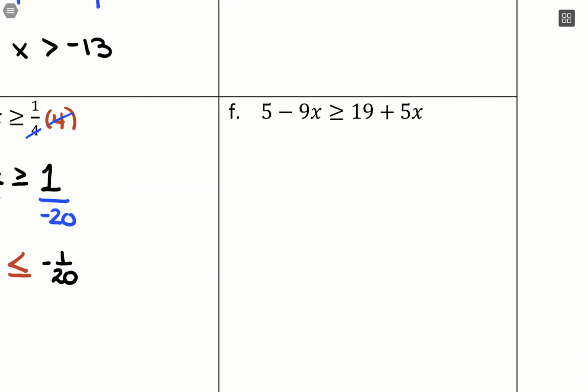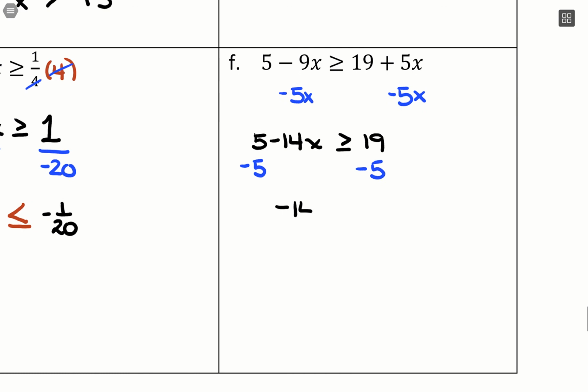All right, and then with this one, we can subtract 5x from both sides. So we'll have a 5 minus 14x more than or equal to 19. Subtract 5 from both sides to get x all alone.